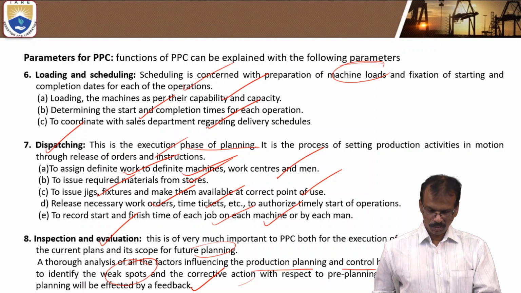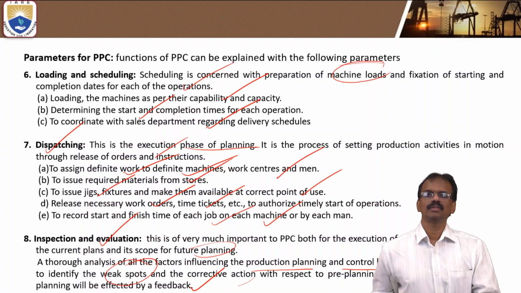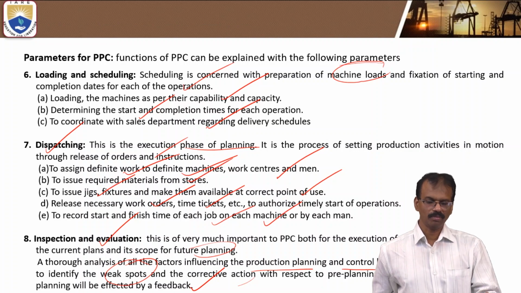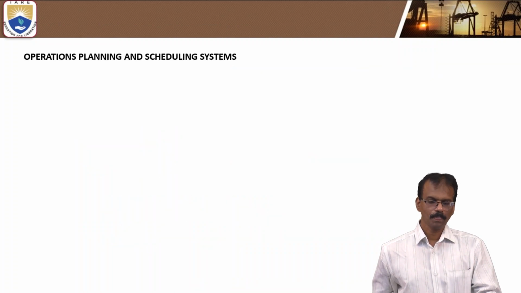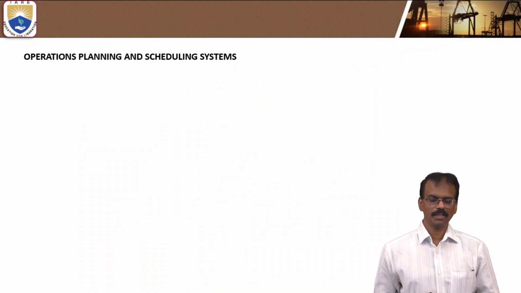So these are the important parameters which are included in PPC, for utilization of this tool for effective production and to enhance good productivity. So these are the parameters.